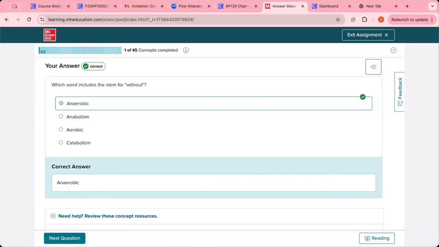Anabolism is ana, but bolism by itself is not a word, while aerobic by itself is a word. It's just a different spelling. Anaerobic means without oxygen. So, yeah. Next question.